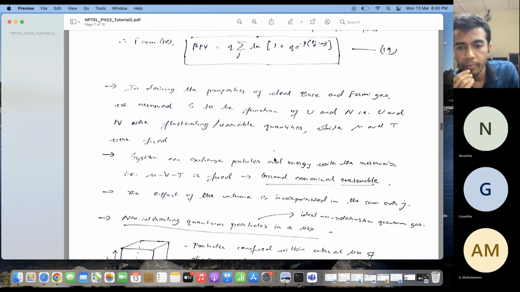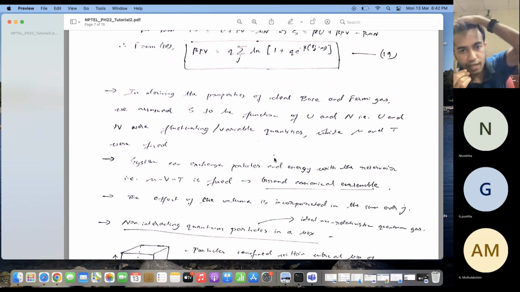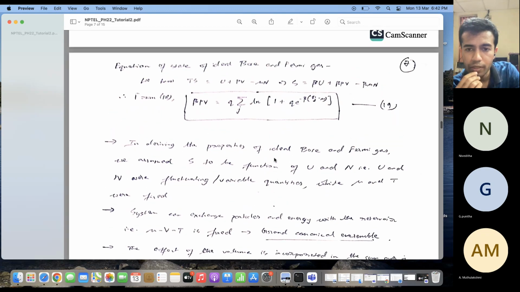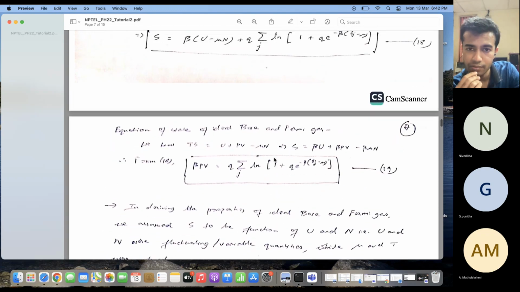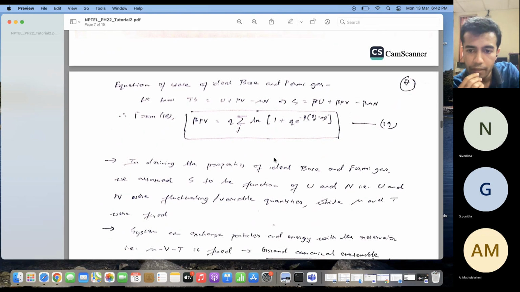One more comment I would like to make is that we had started from the microcanonical ensemble, but Bose and Fermi gases can also be expressed in terms of the grand canonical ensemble. And unknowingly, we had actually done something like that here. Why?